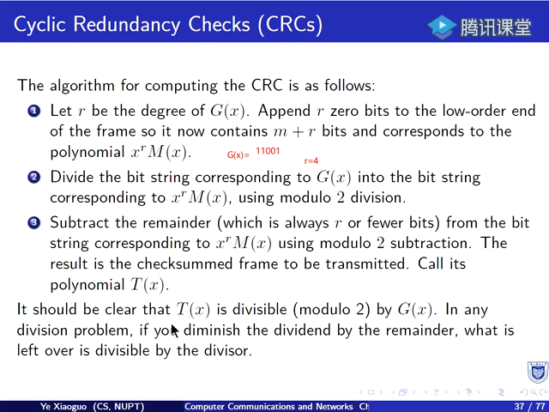It should be clear that T(x) is divisible by G(x). So if we transmit T(x) through the network, then what the receiver received should be divisible by G(x). If it is not divisible by G(x), then there should be a transmission error.